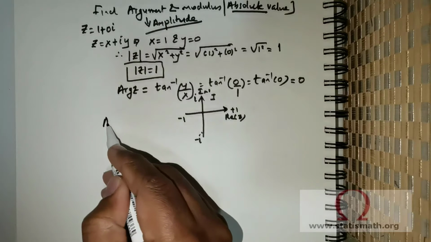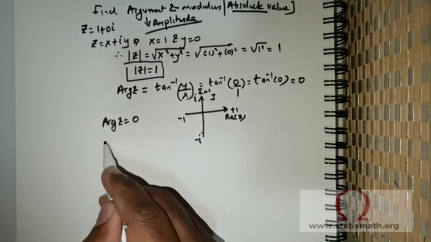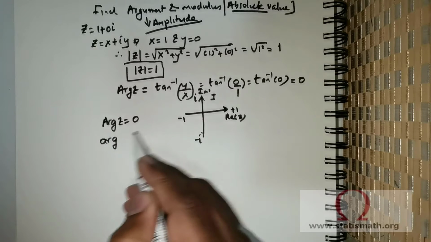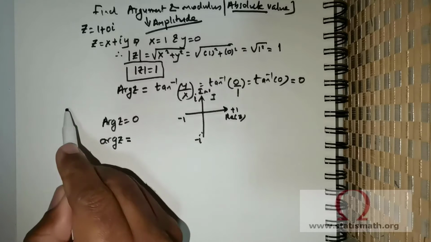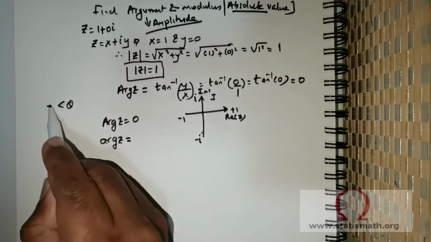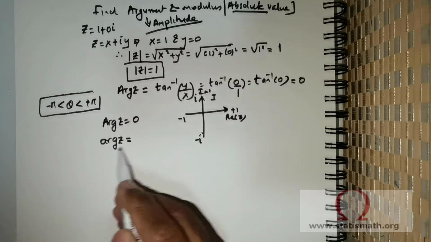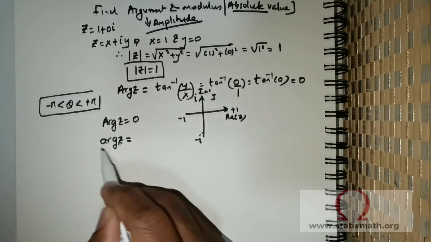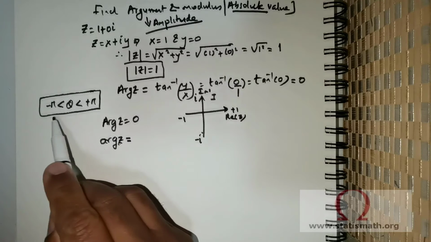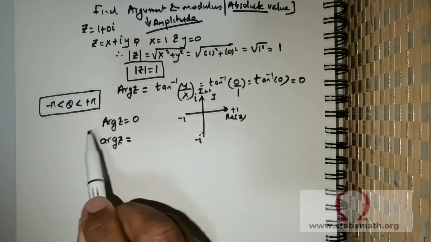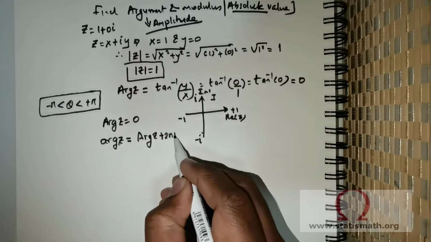Okay, so having obtained the argument of the complex number to be 0, let us use the formula. We have the argument of z which satisfies the relation for theta. Theta should be between negative pi and positive pi. So the argument of that complex number, which satisfies theta lying between negative pi and pi, is given by the formula argument of z positive 2n pi.